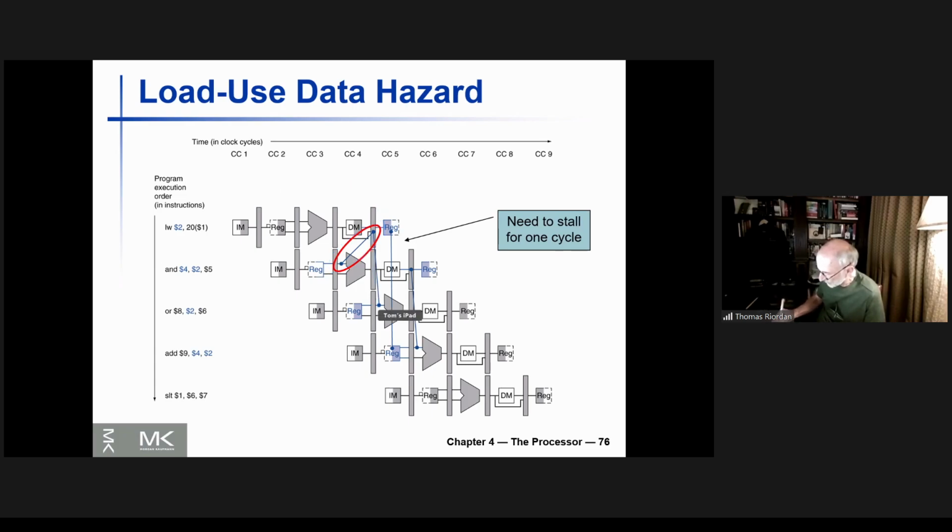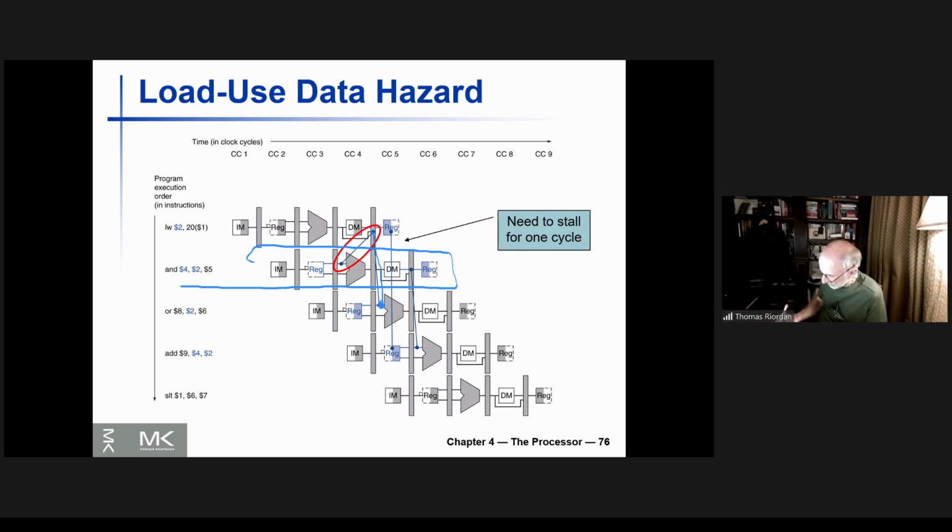So we can take that value and put it here, but this instruction here is going to have to get moved because otherwise it misses the value it needs.